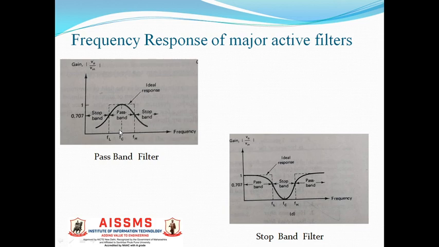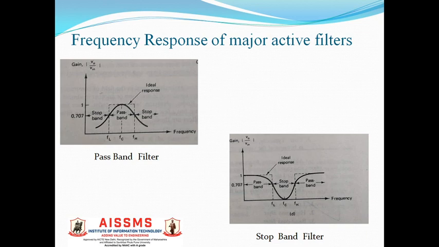All the signal frequencies in this band pass through. Any other frequency which is less than FL and greater than FH is rejected or stopped. Similarly, you have the stop band filter, or band reject filter. It is also called a band elimination filter.